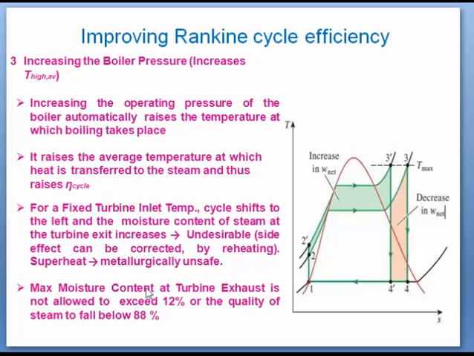The maximum moisture content at turbine exhaust is not allowed to exceed 12%, or the quality of steam to fall below 88%. You can see here from this figure, by increasing pressure we are gaining net work output, and there is a decrease in net work because of the increase in boiler pressure.